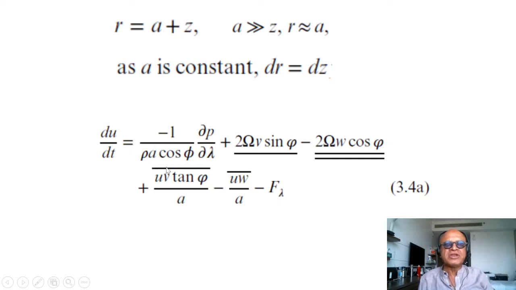This is the geometric terms with an overbar. So just for convenience, the meridional, the horizontal, vertical, and geometric terms are being shown with 1 underbar, 2 underbars, and 1 overbar. So this is the geometric term again, and the frictional forces or dissipation forces.